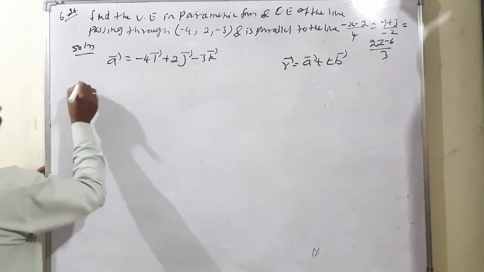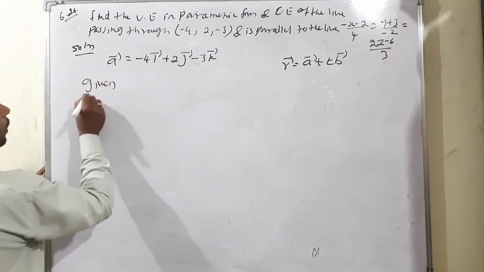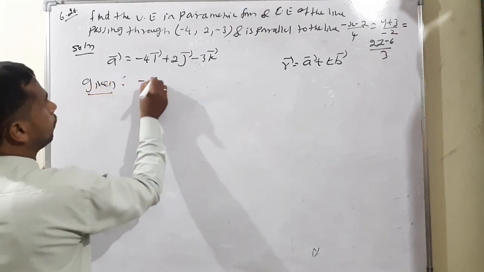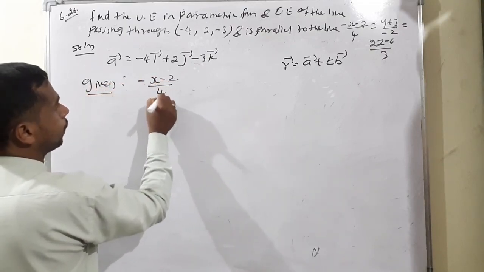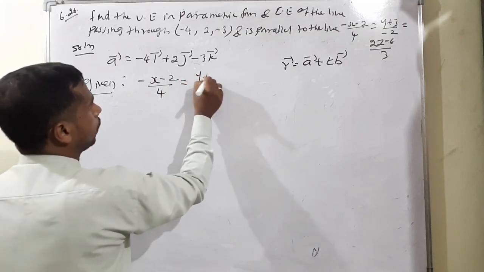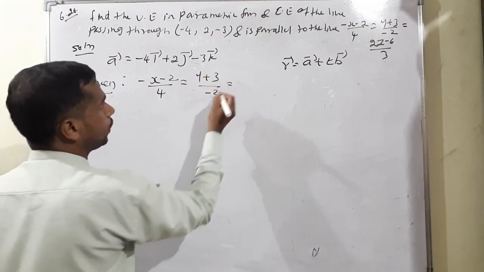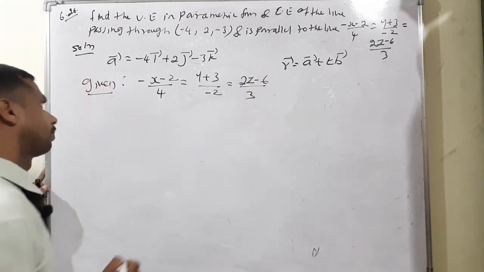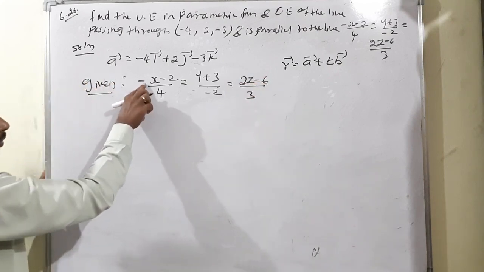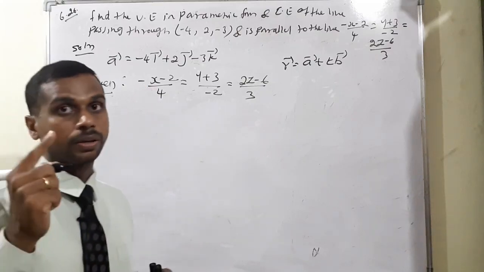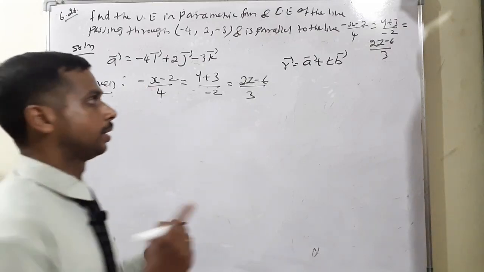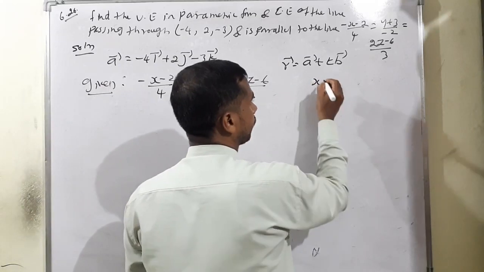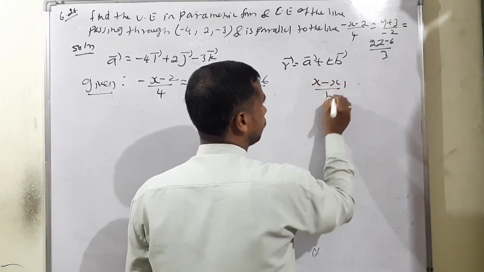The given parallel line, listen very carefully: x minus 2 divided by positive 4 is equal to y plus 3 divided by negative 2 is equal to z minus 6 divided by 3. Now, we know x minus x1 should start with a positive sign. Let me rewrite (x minus x1) divided by b1.